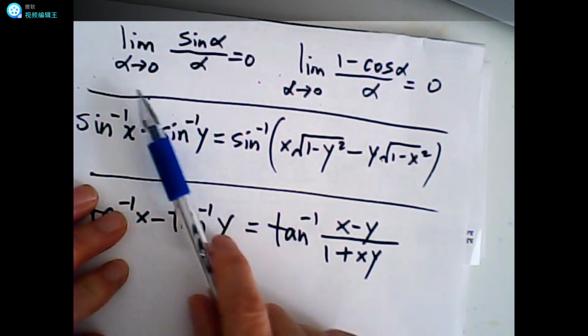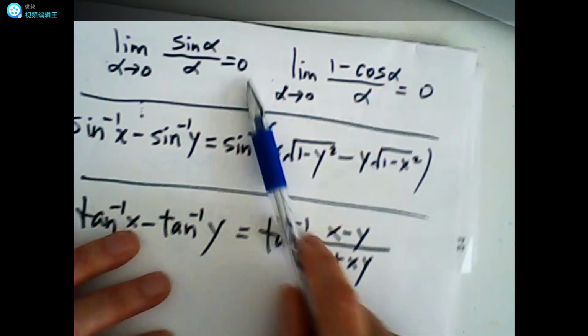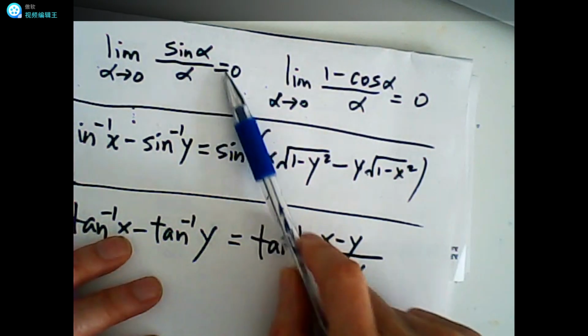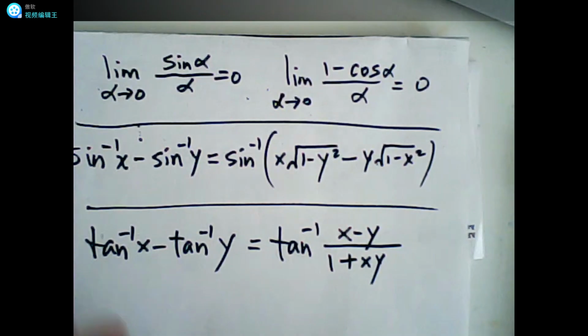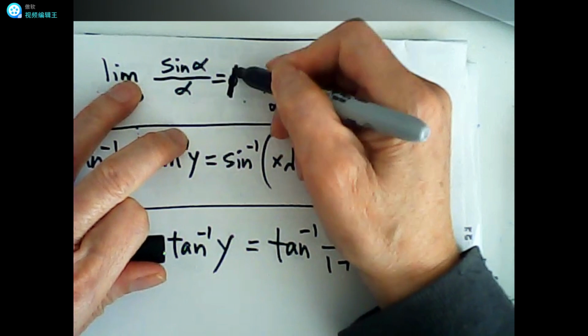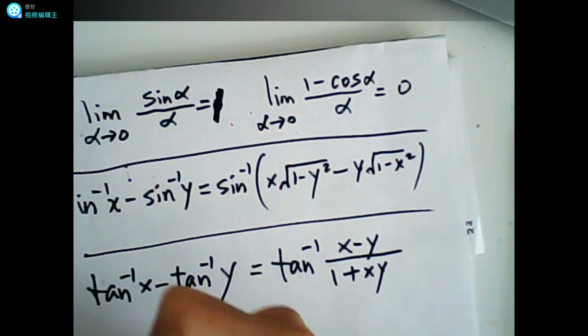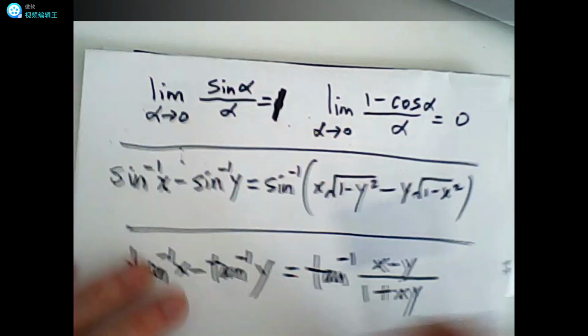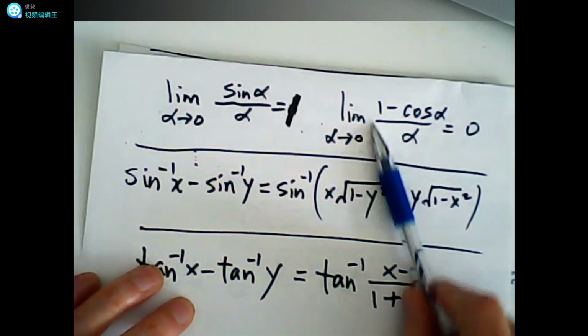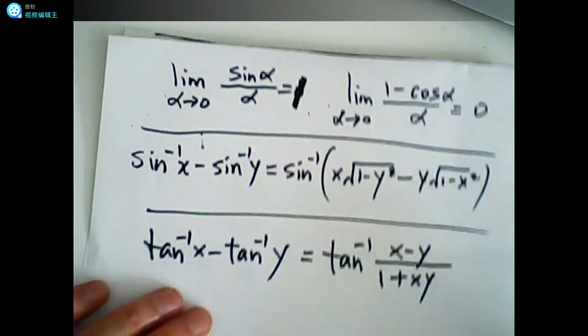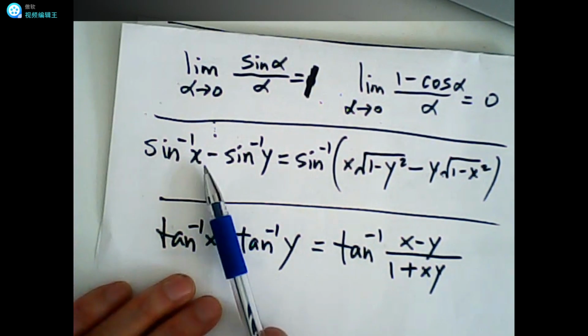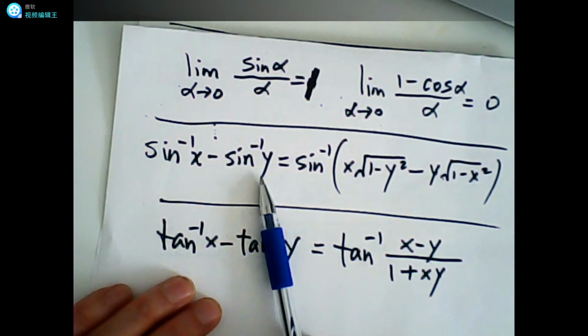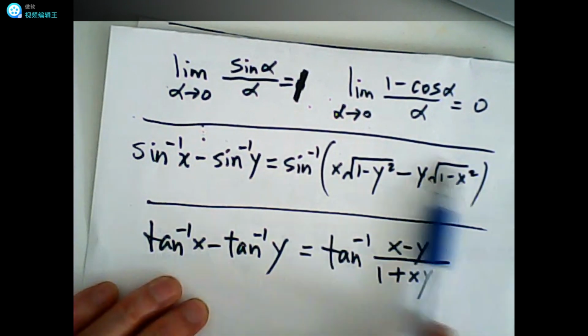First is this: the limit. This limit is 0. Excuse me, this is equal to 1. Yeah. Now this limit is equal to 1. This limit is equal to 0, and arcsine x minus arcsine y is equal to this one, right?